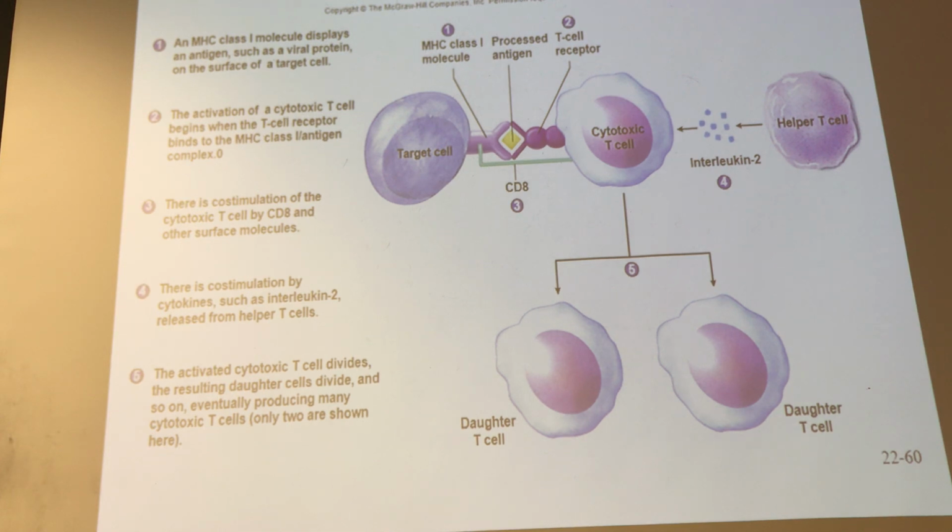Now, it's displayed on MHC1 receptors, which will be found on all nucleated cells. In an uninfected cell, MHC1 displays host proteins. But now, they've taken over our machinery, so the host proteins I'll make are actually viral proteins.